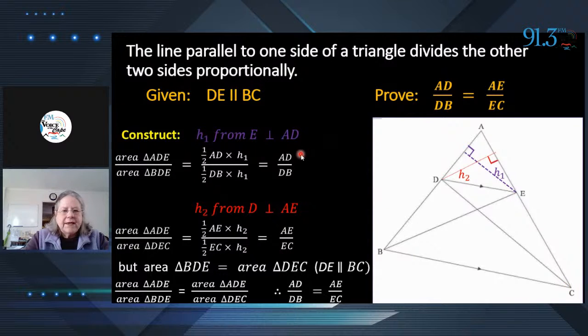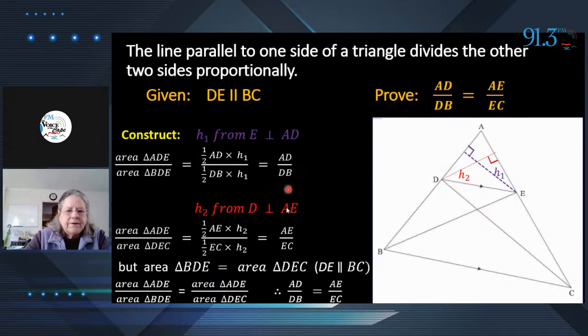Now we need to link these two things together because we want to prove that AD to DB is equal to AE to EC, like we set out to do at the top in the beginning. So let's look at what we have.